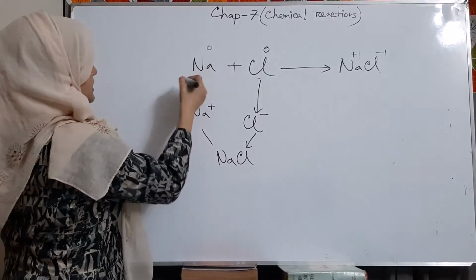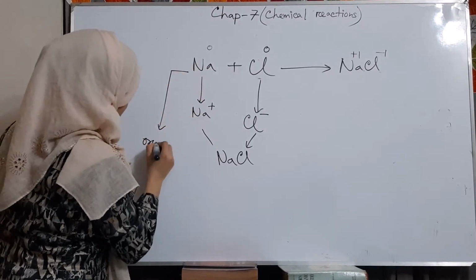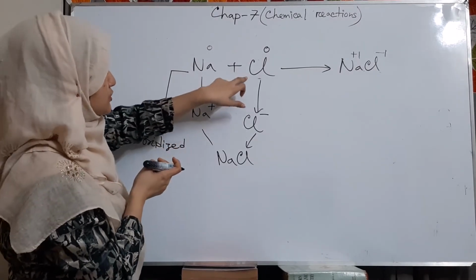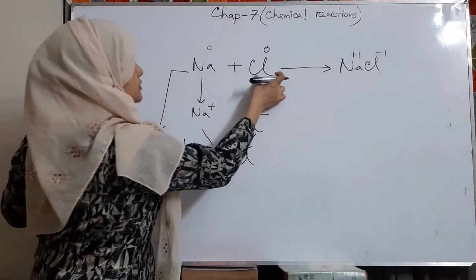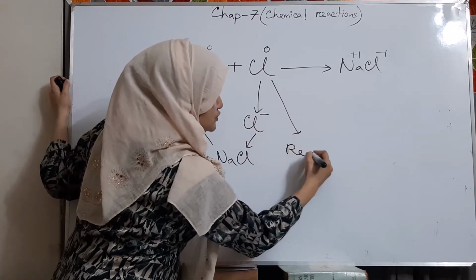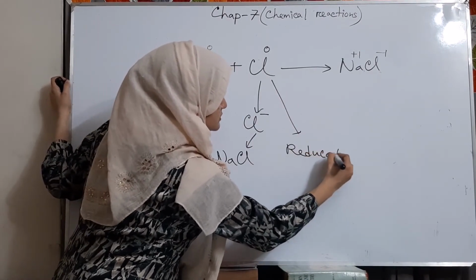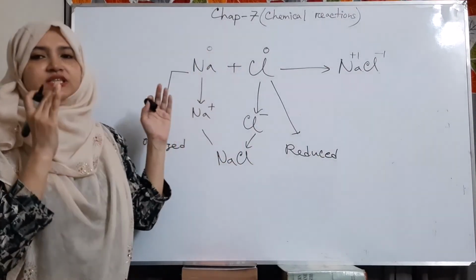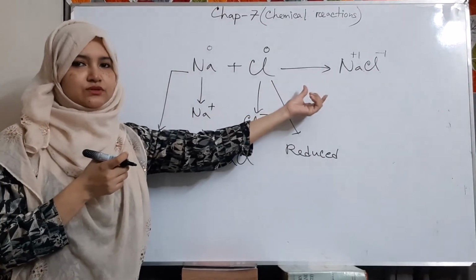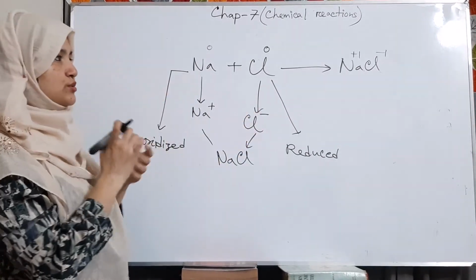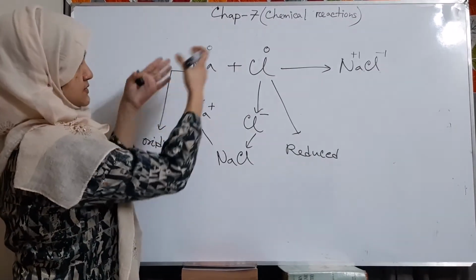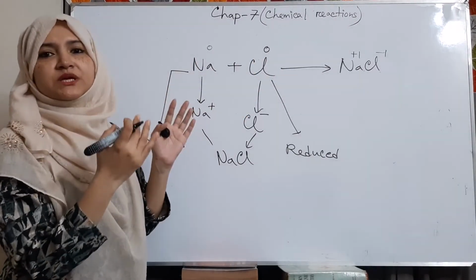On the other hand, chlorine is gaining the electron, and it is being reduced. That means oxidation and reduction take place in the same chemical reaction.